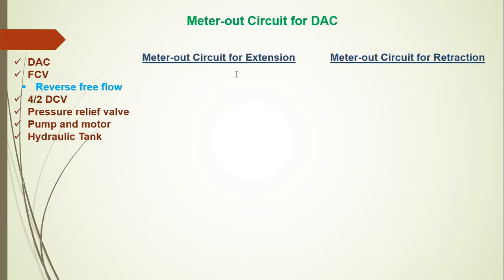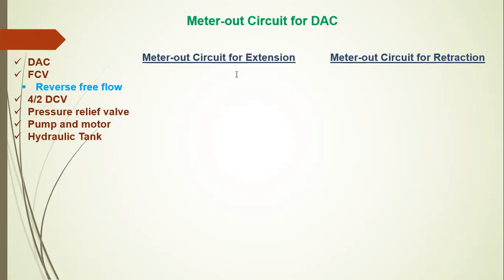The condition there is for inlet. Here, the meter-out circuit condition is the flow out from the hydraulic cylinder, which we then control. The main difference between the meter-in circuit and the meter-out circuit is this: in a meter-in circuit, we control the flow where the oil goes in at higher pressure inside the cylinder.